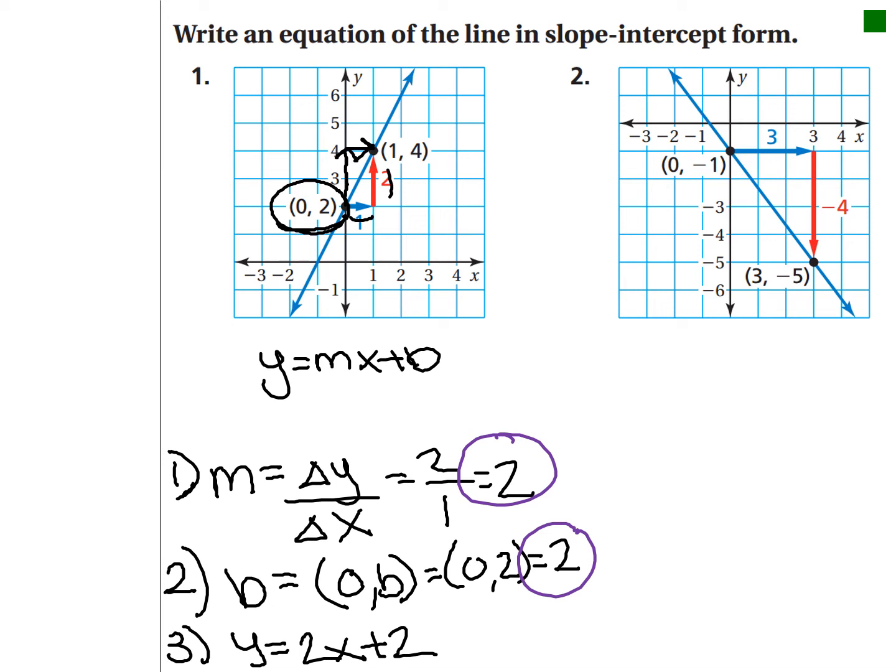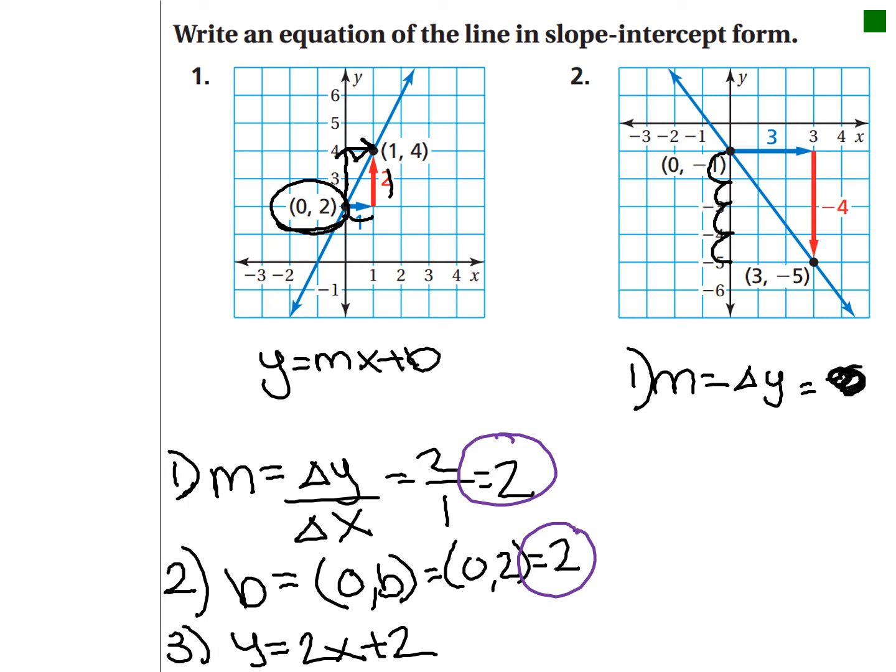Number 2, first step, find the slope. The slope for number 2 goes down 1, 2, 3, 4. I'm stopping at -5 because that's where our next point stops. So change in y is down 5. Oops, what am I saying?